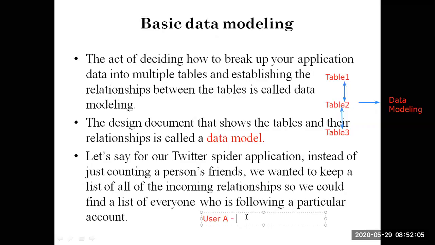An incoming relation means, for example, if I give a friend request to you and you accept me as a friend, then I am an incoming relation. So I'll be keeping track of all the incoming relations, so that you can find a list of everyone who is following a particular account.